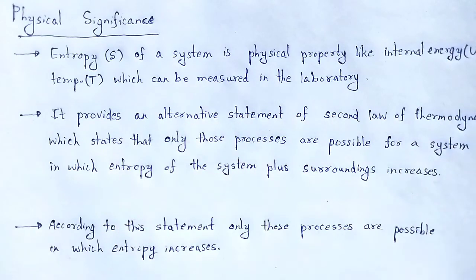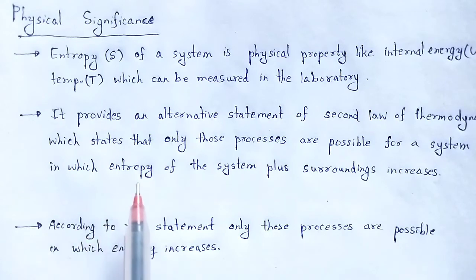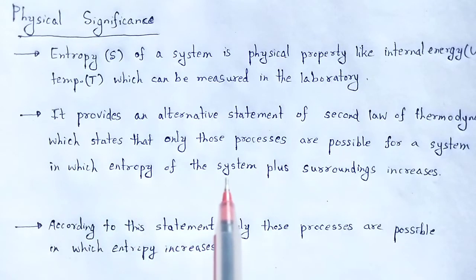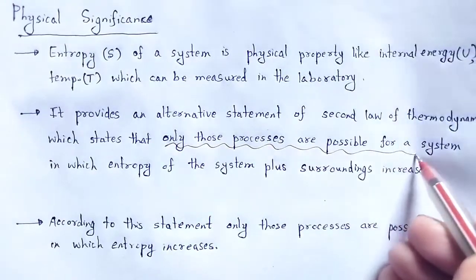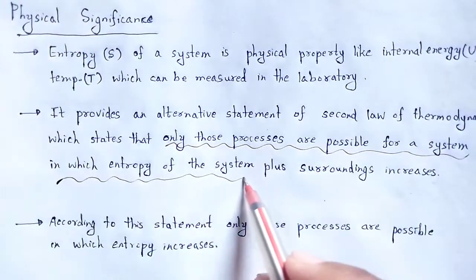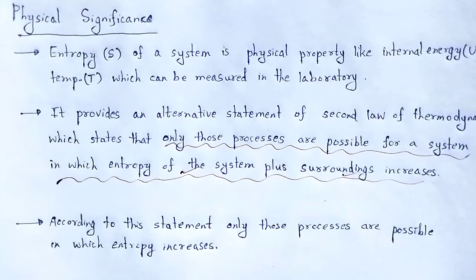Entropy is the same for a particular thermodynamic system, and it provides an alternative statement of the second law of thermodynamics: only those processes are possible for a system in which the entropy of the system plus its surroundings always increases.